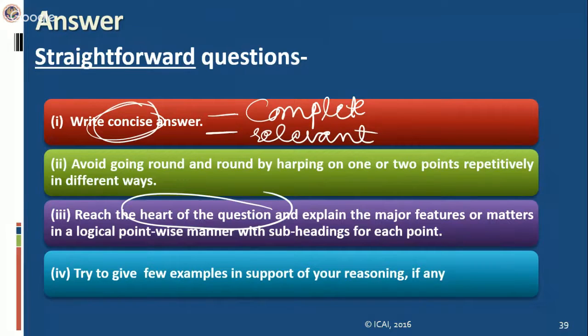So that is the meaning of reach out at the heart of the question. Try to understand what we want to say. So heart of the question means what main thing is expected to be written in the answer of that particular question.